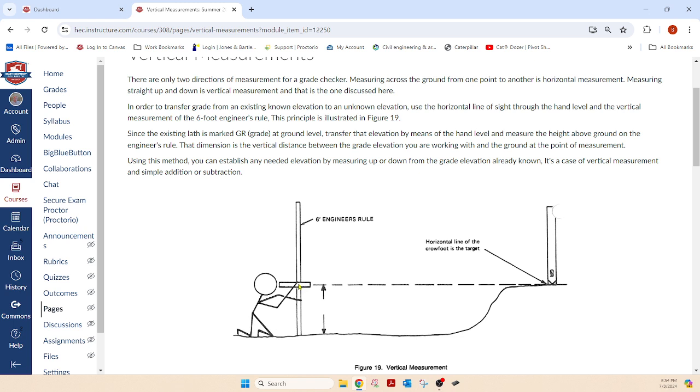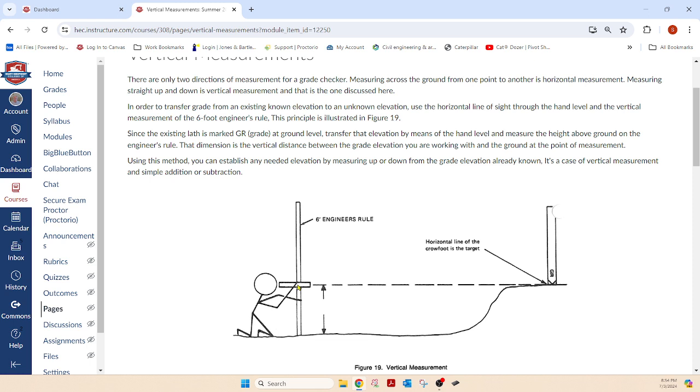Let's say that the reading, now you're holding, you got to visualize this. This 6-foot rule is one of those folding rules, and it's graduated in tenths, feet and tenths of a foot, just like we looked at a while ago. It has an engineer scale on it. Now, I am taking a shot through my hand level, and I'm looking right dead on this crow's foot, and I'm going to look at what my reading is right here.